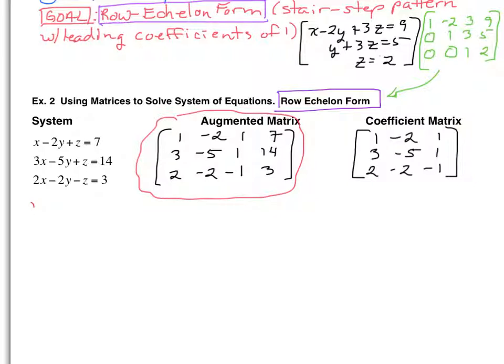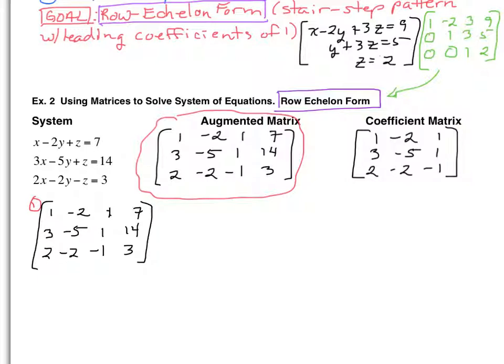So let's start with matrix 1, which is your augmented matrix. So let's just rewrite it. 1, -2, 1, and 7. And then 3, -5, 1, and 14. And then 2, -2, -1, and 3.